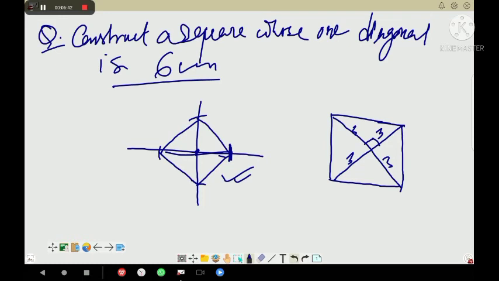Very easy. First we draw the perpendicular bisector, then cut 3 centimeters on each side.